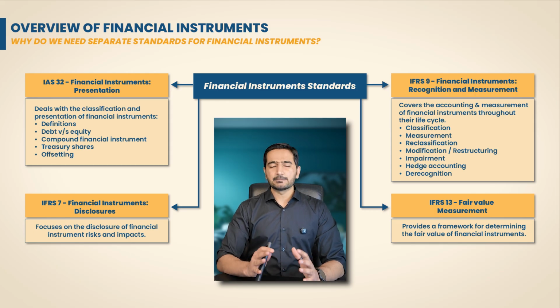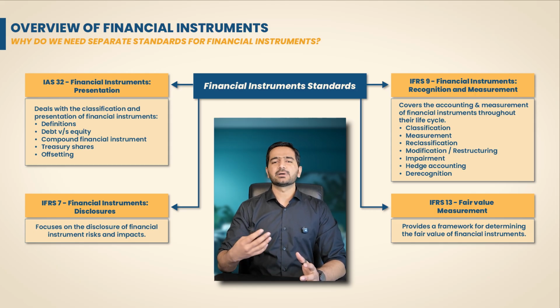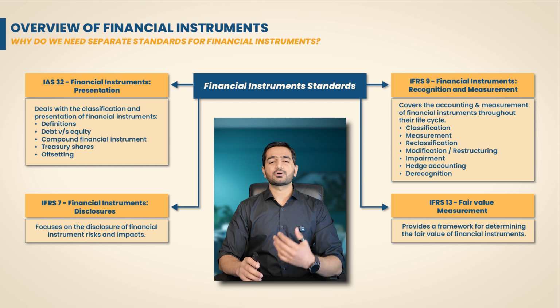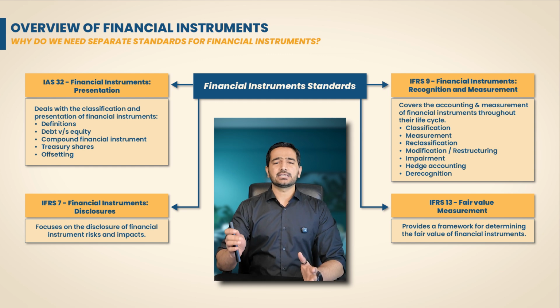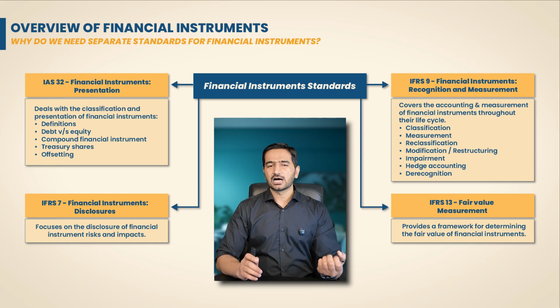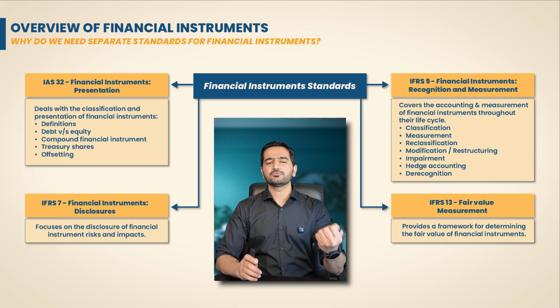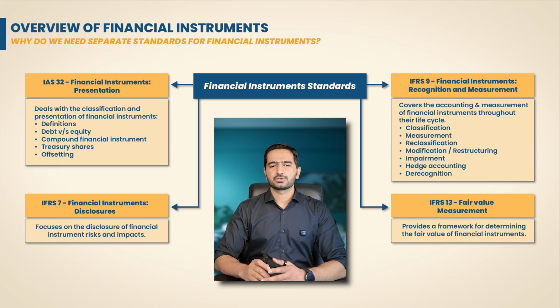It provides the complete framework for how to determine the fair value, what inputs to use, what hierarchy to follow, and what to disclose about fair value measurements. Again, in one line, IFRS 13 answers the question, how exactly do you determine the fair value of financial instrument?